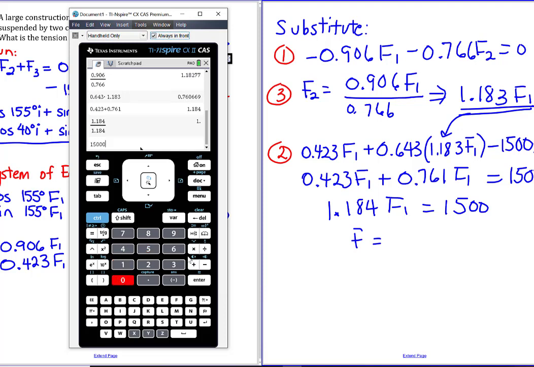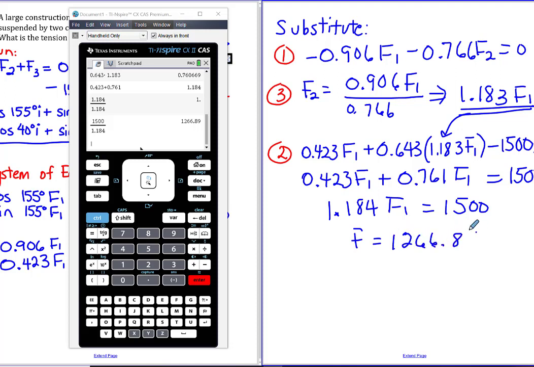1500 divided by 1.184 gives us a force of 1,266.89 pounds. And we go back up here, and we know F2 is 1.183 times F1, which we just found.